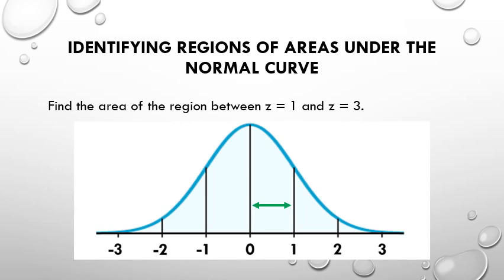Then, what about the z equals 3? So, kana mao ang area sa z equals 3. So, asa man ang area in between? So, the area in between is this one. Kanang red nga arrow mao na siya ang area in between. So, unsaon na nato pagpangita anang area in between z equals 1 and z equals 3?